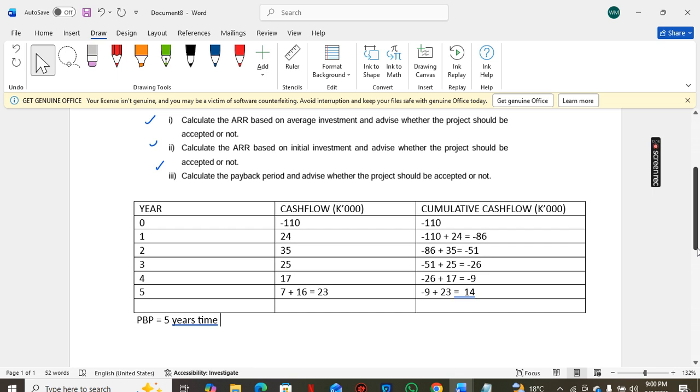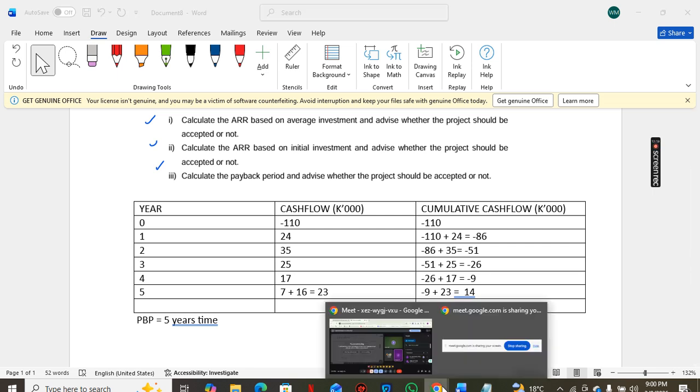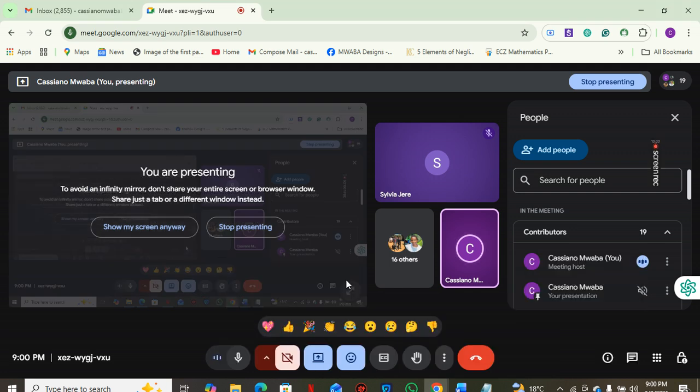Yes, after year 5, you would have got your money, then profits will start coming in. Now here, since that residual value is the last cash flow that you're going to get, so you get your money back and you have some change of 14 million.